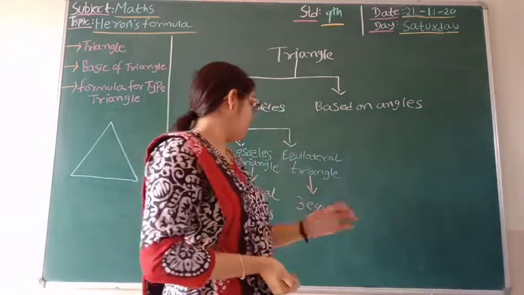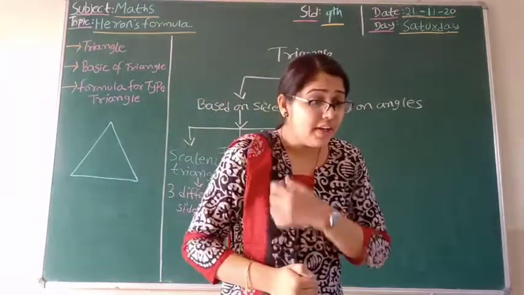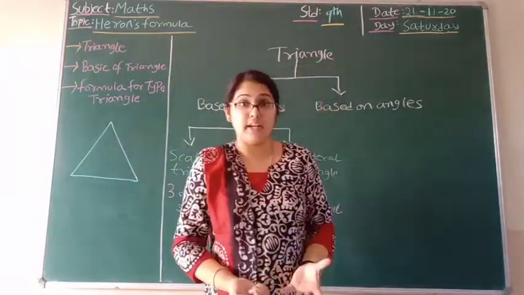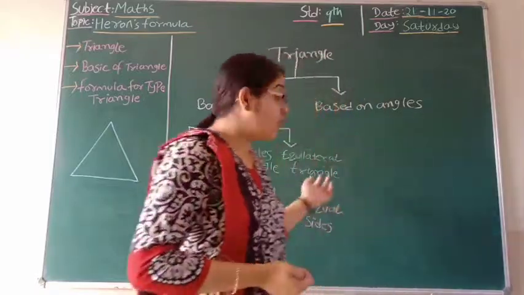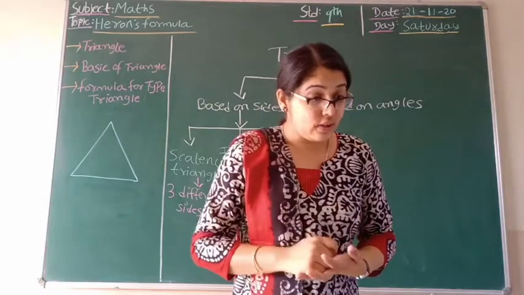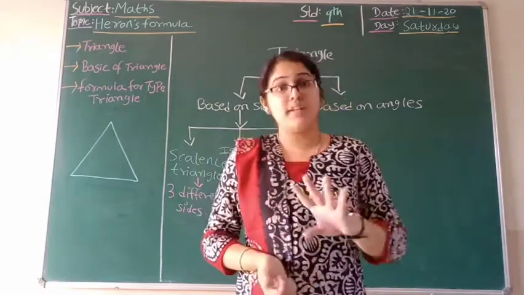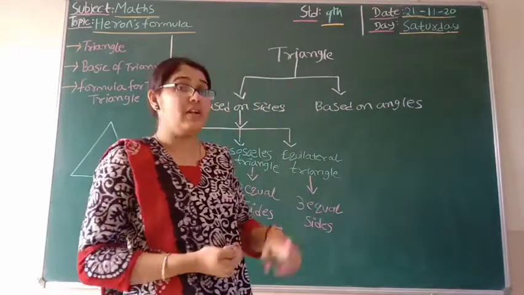So we can say an equilateral triangle has three equal sides, and if I need to find the height of an equilateral triangle, I can find it through the Pythagoras theorem, but somehow the formula will change. In this case, the formula will change.